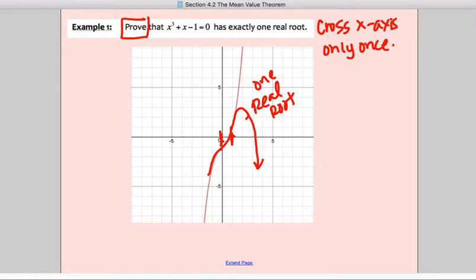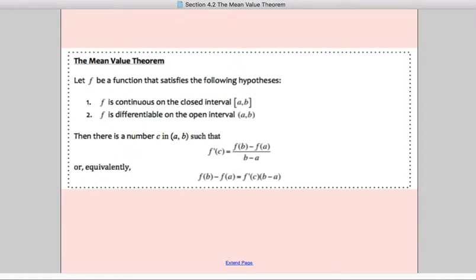All right, the next thing is the mean value theorem. When you think mean, you think, well, in terms of math, it's your average. So what the mean value theorem says is that you have function f and it has to satisfy the following hypothesis. It's got to be continuous on a closed interval and differentiable from a to b.